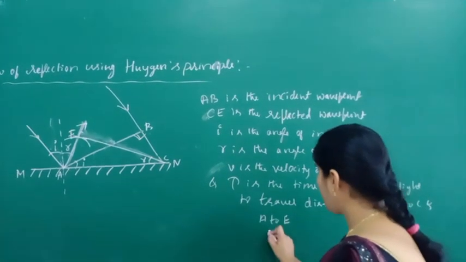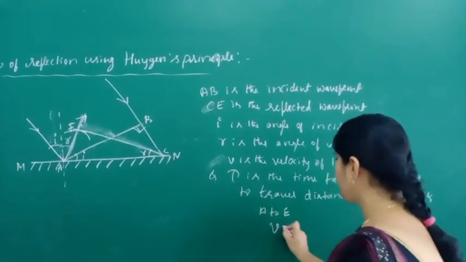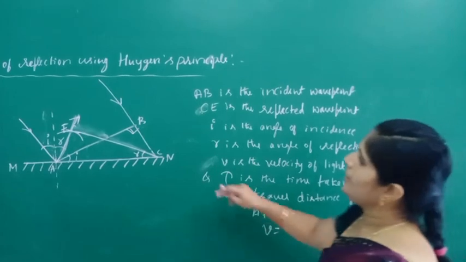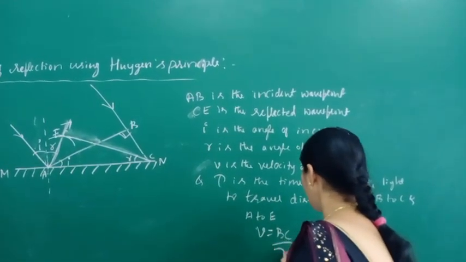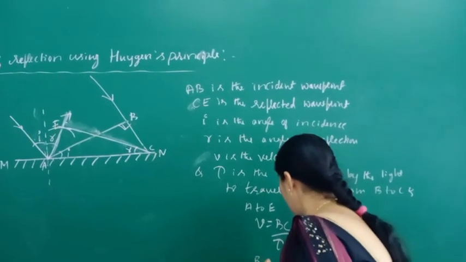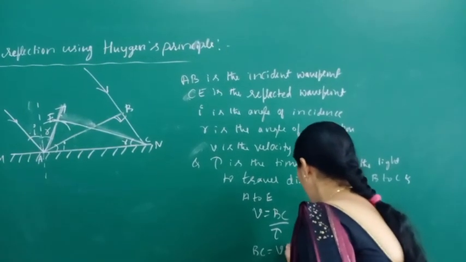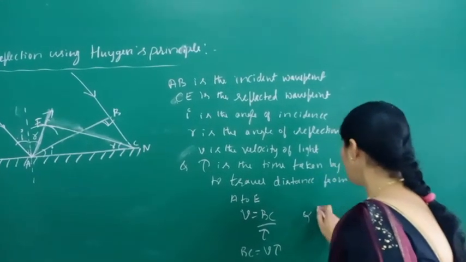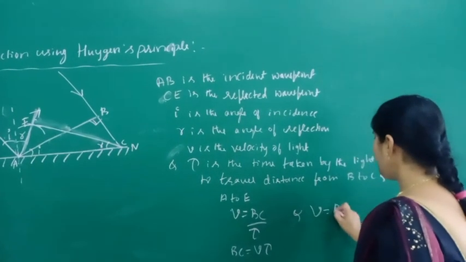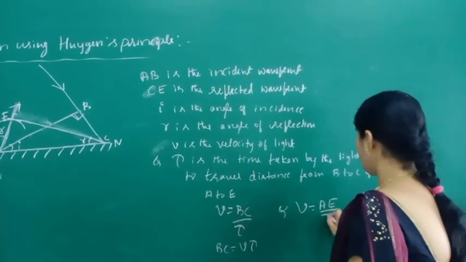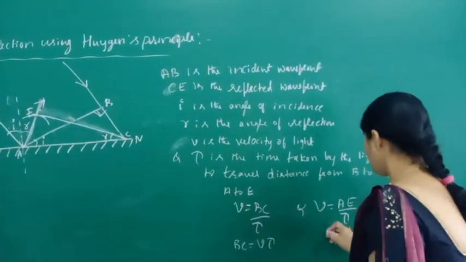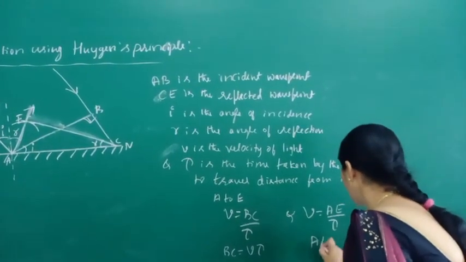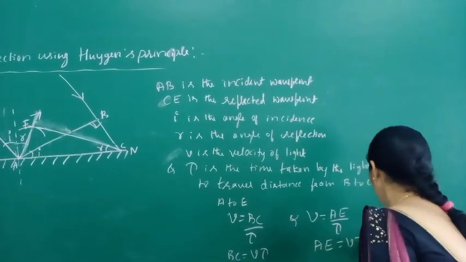Therefore, velocity v is equal to distance by time, that is BC by tau. We get BC is equal to v into tau. Similarly, velocity v is equal to AE by tau, distance traveled by time. So AE is equal to v into tau.